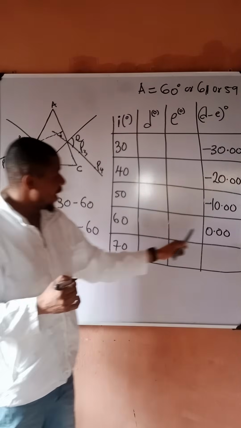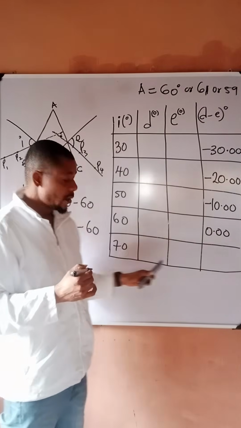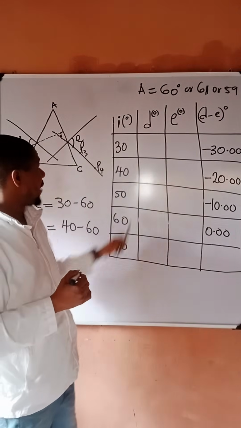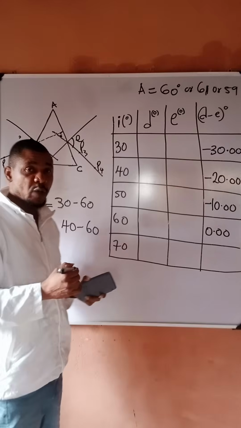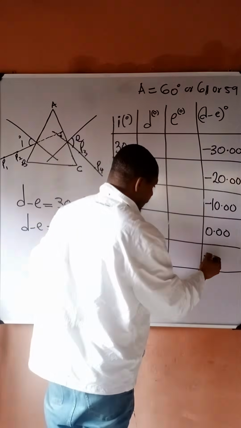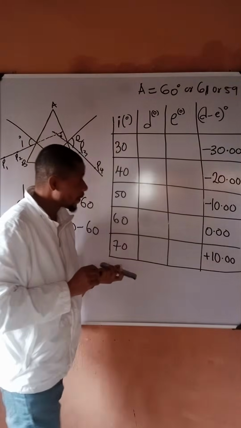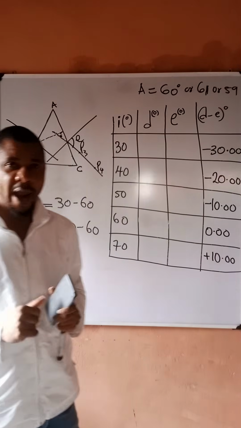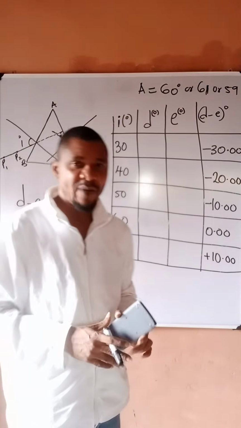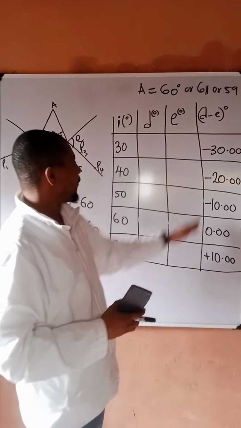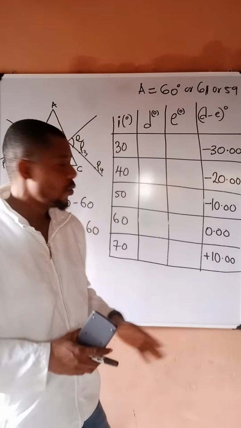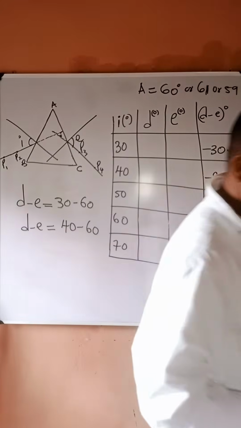If you watch from here, it will start increasing. And then what I have here is 70 minus 60, which will give us what? Plus 10.00. So if you do it this way, it simply means that you have gotten the values of all these things, okay?